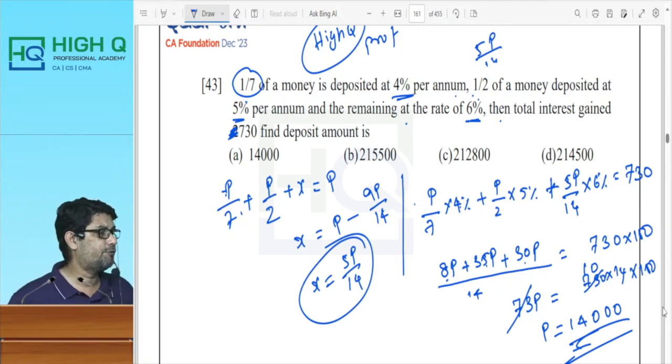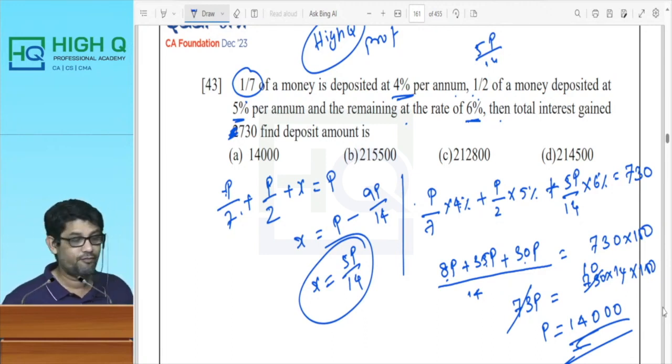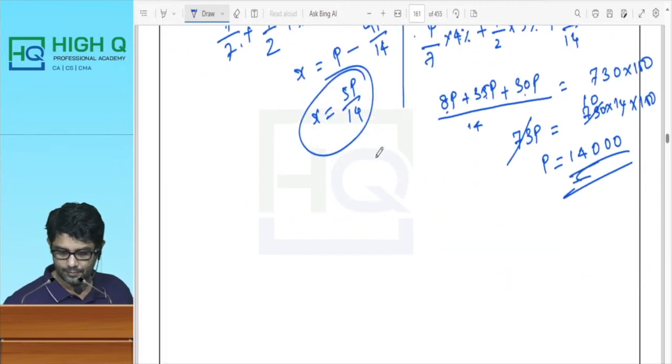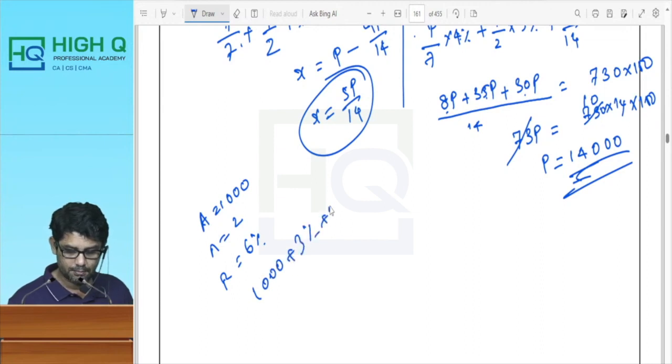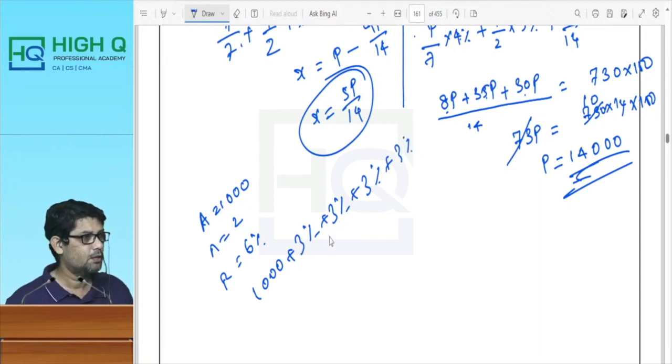What is that question? Exercise 4B, sum number 5. What was it? Can you read it once again? What is getting? A equal to? Okay. N equal to? So 1000 plus 3% plus 3% plus 3% plus 3%.